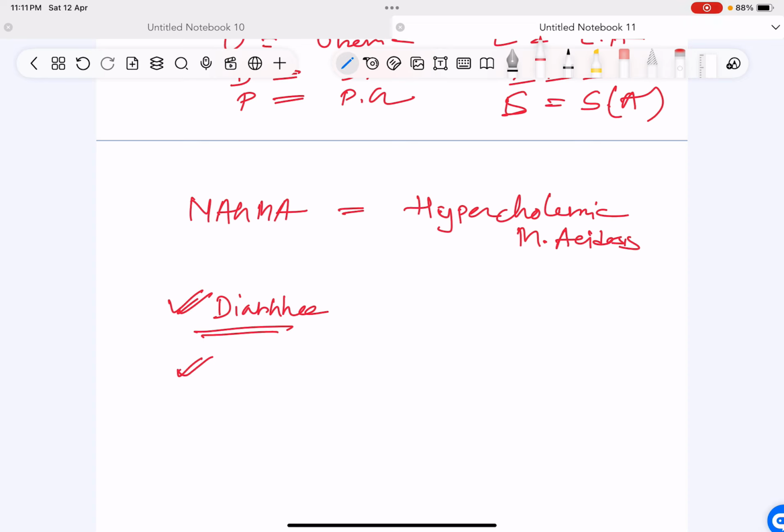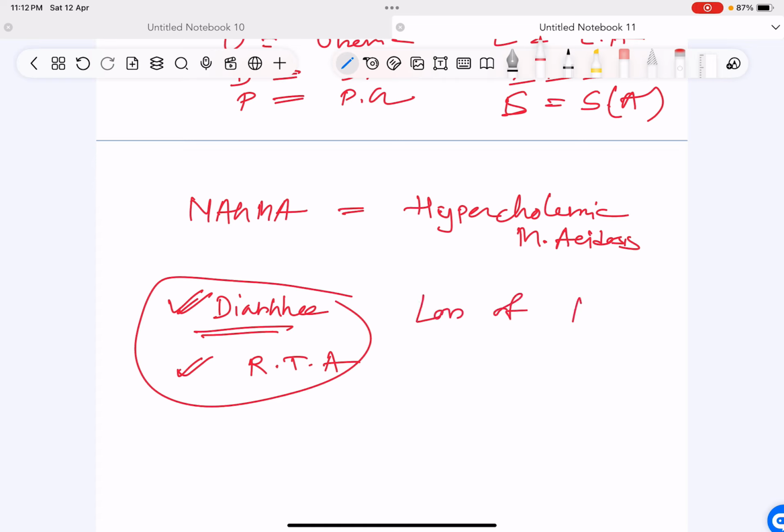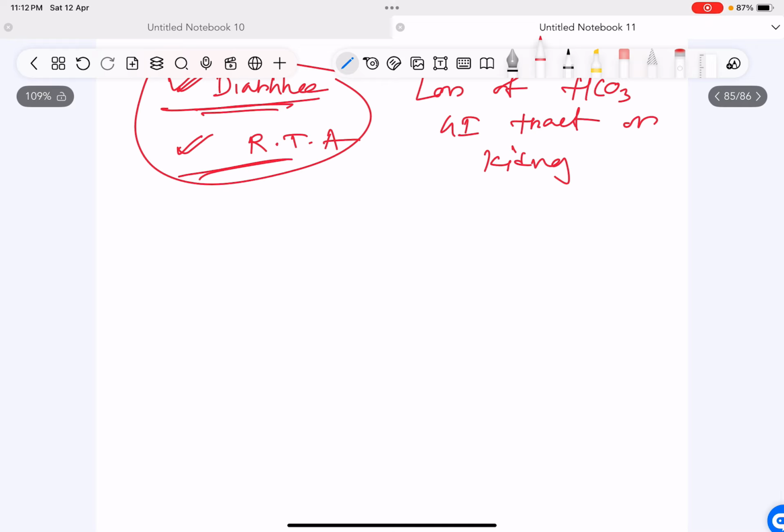Then you have loss of fluids from the kidneys, like renal tubular acidosis. Remember, it is loss of bicarbonate through either the GI tract or the kidney that is the cause of NAGMA, diarrhea or renal tubular acidosis. So DKA will give you high anion gap metabolic acidosis, that is clear.